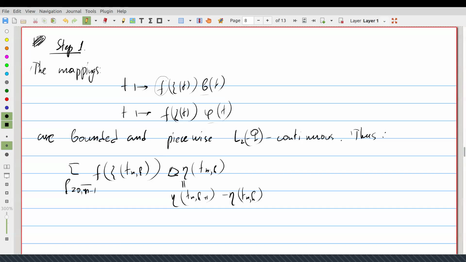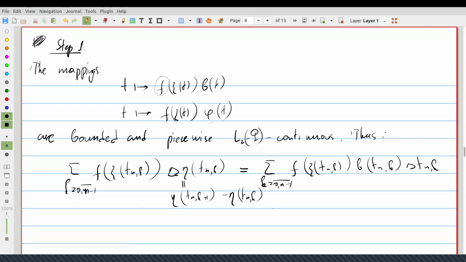So delta f t_nk means f(t_{n,k+1}) minus f(t_nk). Now eta here is just the sum over all k of psi t_nk, here we have b t_nk, delta t_nk.